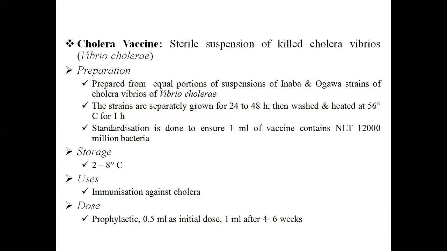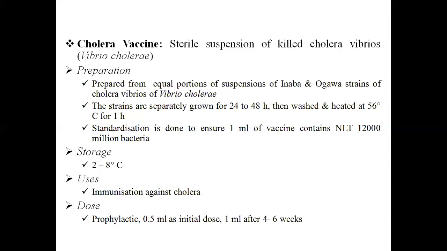Each strain of cholera vibrios is grown separately on a solid medium for about 24 to 48 hours, and then washed and heated at 56 degrees centigrade for 1 hour. The heating is done in order to kill the bacteria. Sometimes the bacteria are killed by using alcohol or any other bactericide like phenol or formaldehyde.